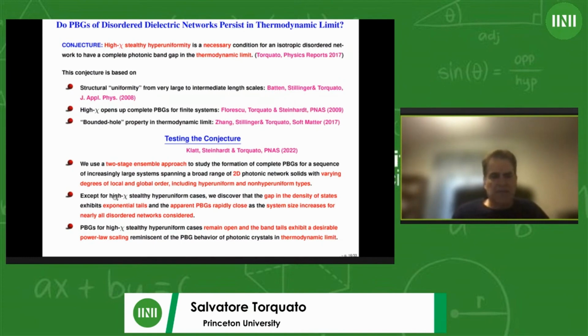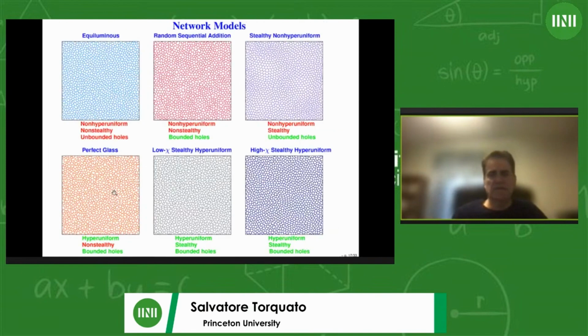We looked at a variety of different disordered states, including hyperuniform ones that were not stealthy. And we showed that the winner that emerged among all of these possibilities was only the high chi stealthy. So let me just show you, because I do want to talk about other things.